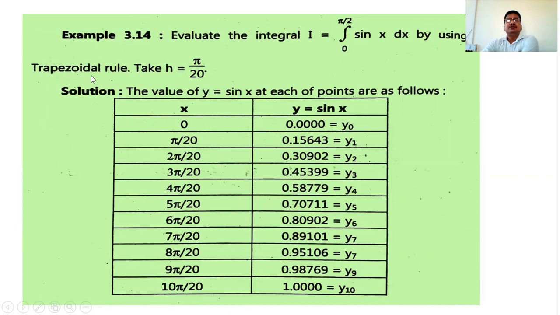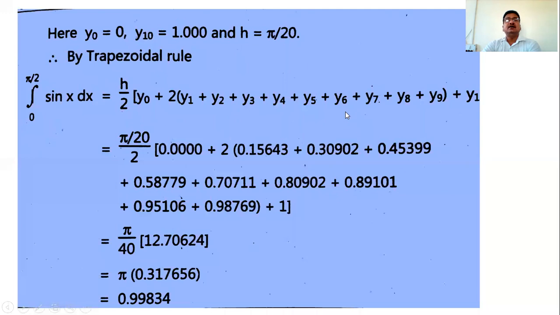And then we have to use the trapezoidal rule for the integration from 0 to pi by 2 of sin x. So what is the value? Integration from 0 to pi by 2 of sin x dx is h by 2 times a bracket.